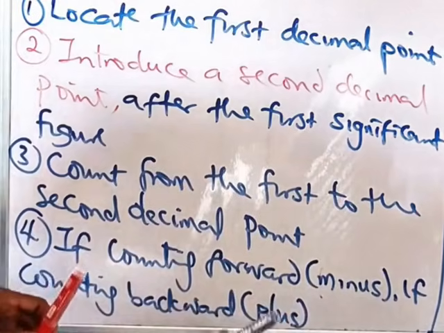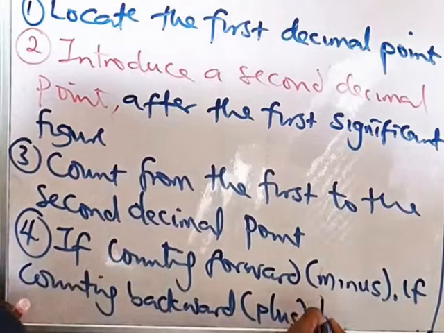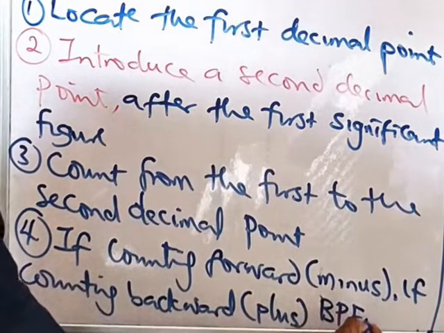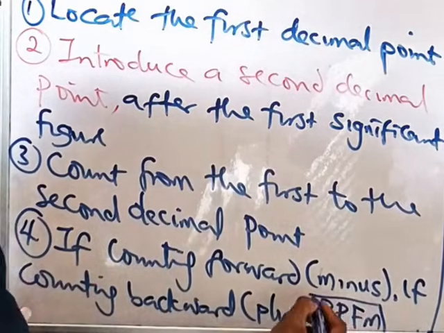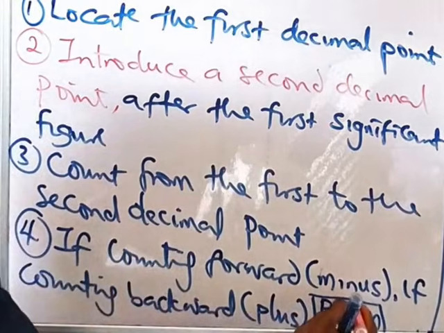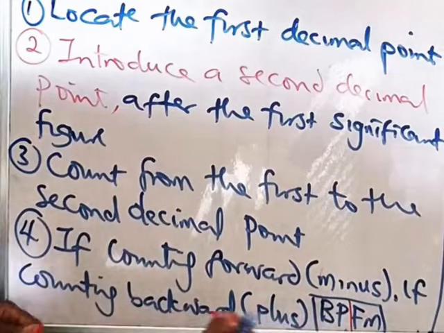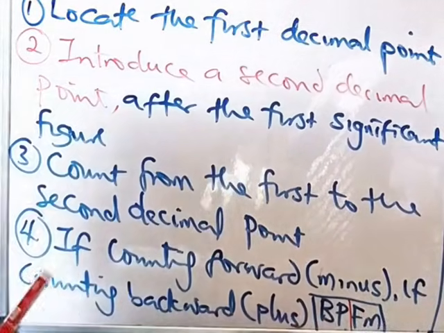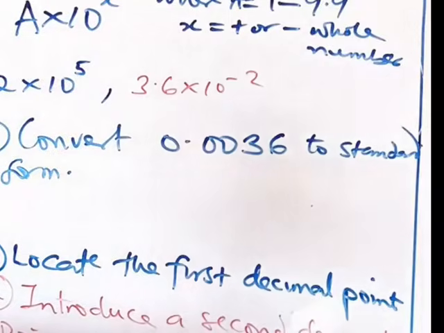So there's an acronym for this. I have given it BPFM. What is the meaning of BPFM? So BPFM means when you are counting backward it is plus, when you are counting forward it is minus. All right? So backward is plus, forward is minus.